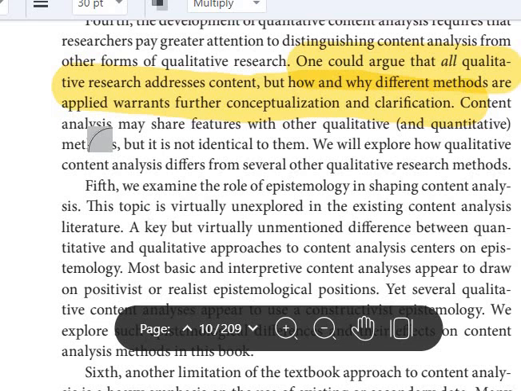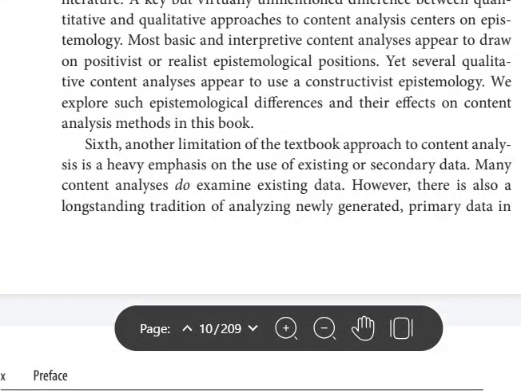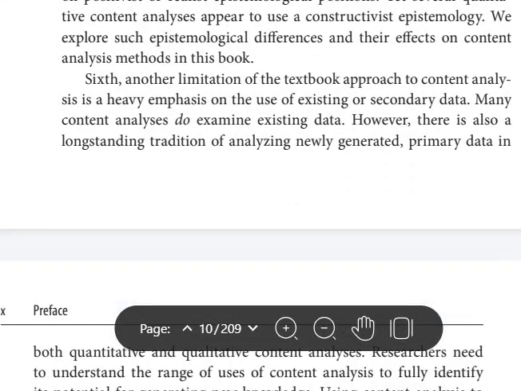Okay, content analysis may share features with other qualitative and quantitative methods, but it is not identical to them. Okay, let's move on. All this is the preface.